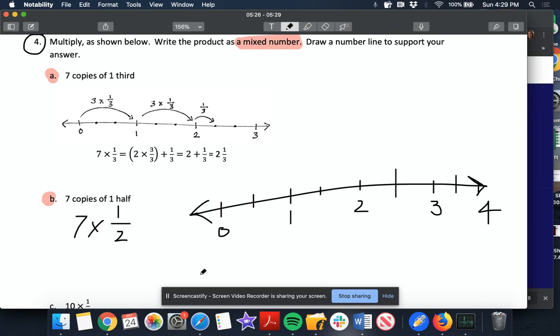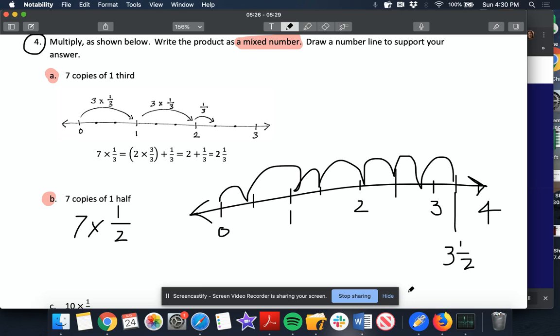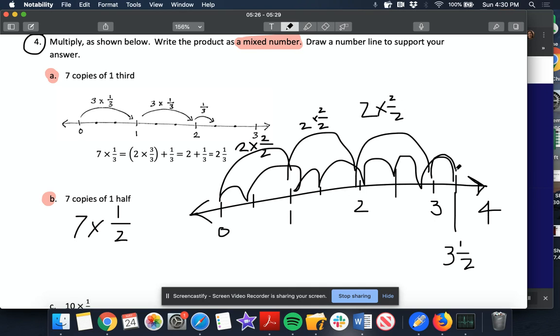And we know that 7 times 1/2, if we count 1, 2, 3, 4, 5, 6, 7, then I'm going to land right around here, which would be that 3 and 1/2 mark.